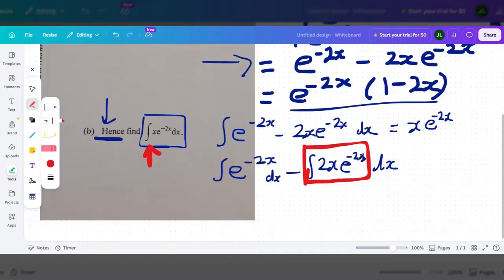But let's just take it one step at a time, right? Let's not rush. So you're not going to use the question that they give you at part A to solve this. Instead, you are going to use the answer from part A to solve this question. So this is what we're going to do. We're going to break it up into two parts and form the equation first. Okay, so now let's put it in.